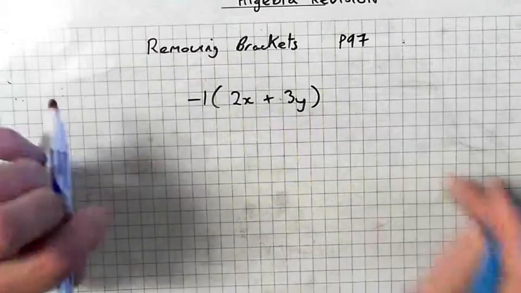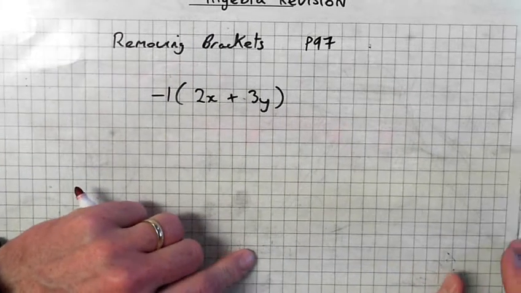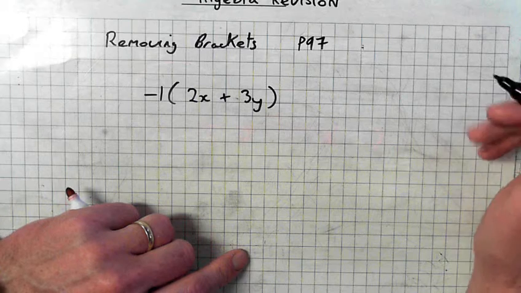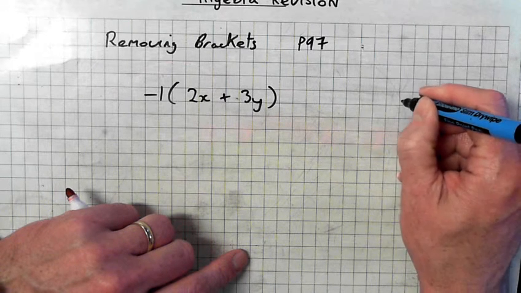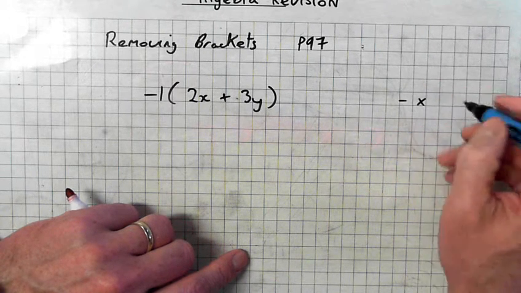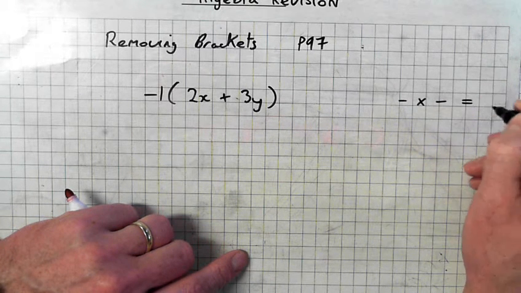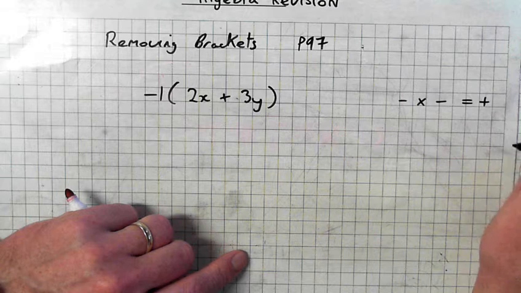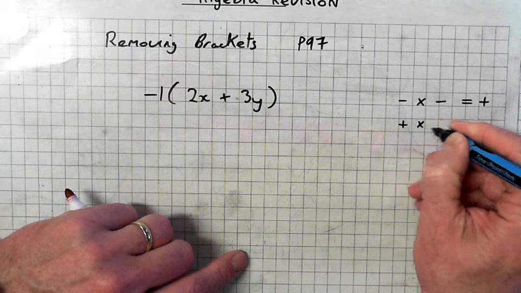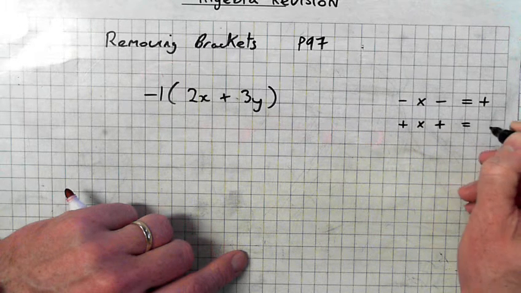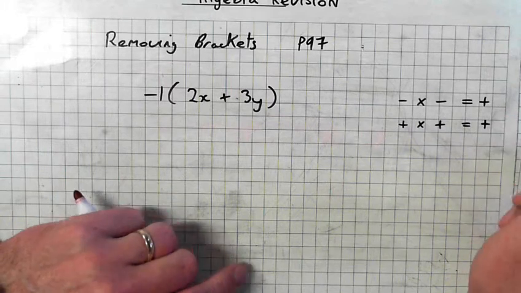Right. So the rule for multiplying signs is: if you have a minus times a minus, the signs are the same, you get a positive sign. If you have a plus times a plus, again, you get a positive sign.